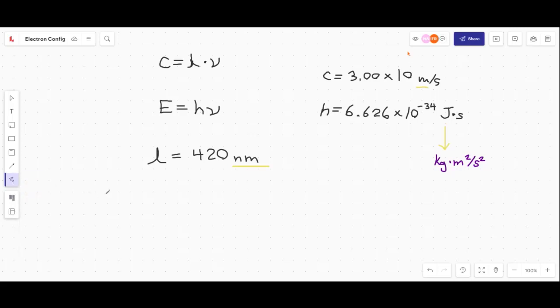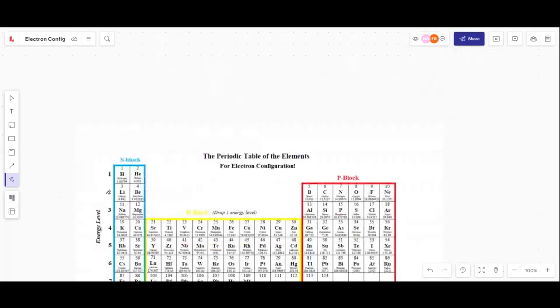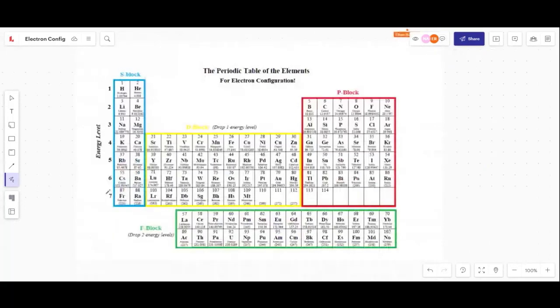So at this point, I'm going to jump down to the periodic table of electron configuration.